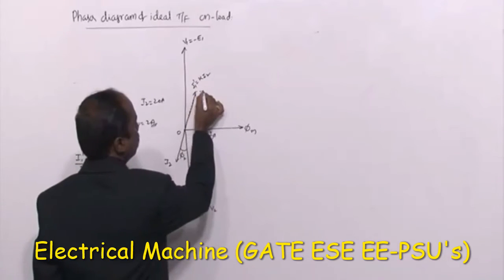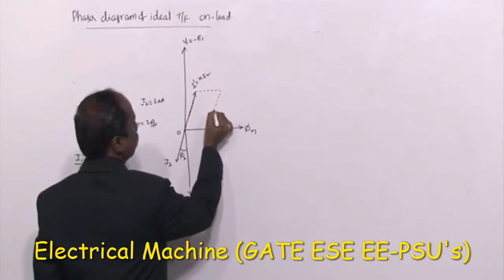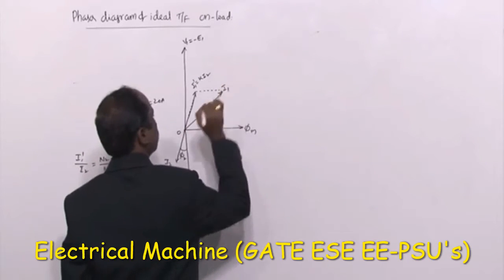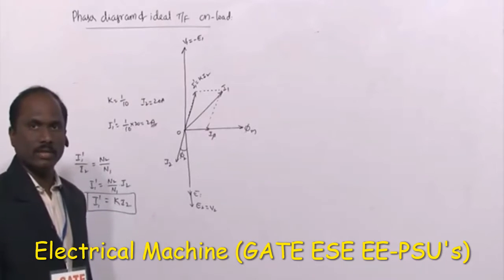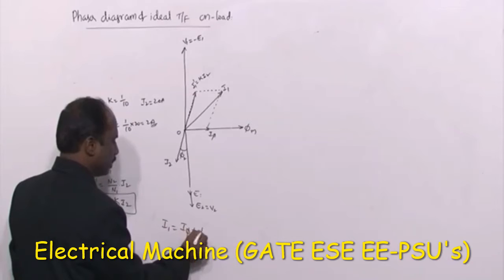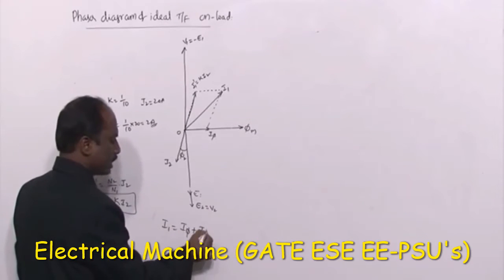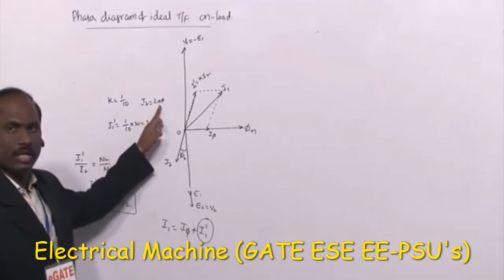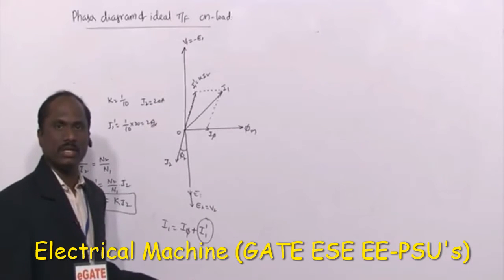The resultant of these two gives the actual primary current I1, which is the magnetizing component plus the extra current. This extra current is because of load. If the load is 20 amperes, this extra current on the primary side is only 2 amperes.